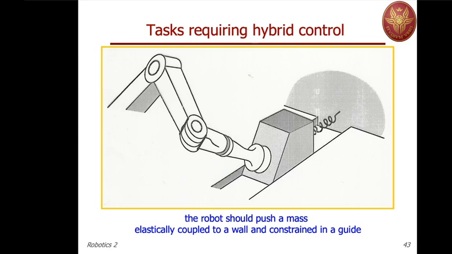Now, if you look at this situation and you decide which directions are free of motion, and therefore you can only impose a motion there and no contact force, and which directions in fact are constrained to the motion, and therefore you can impose a contact force there because this will be balanced by the reaction of the environment, the situation is even more general.